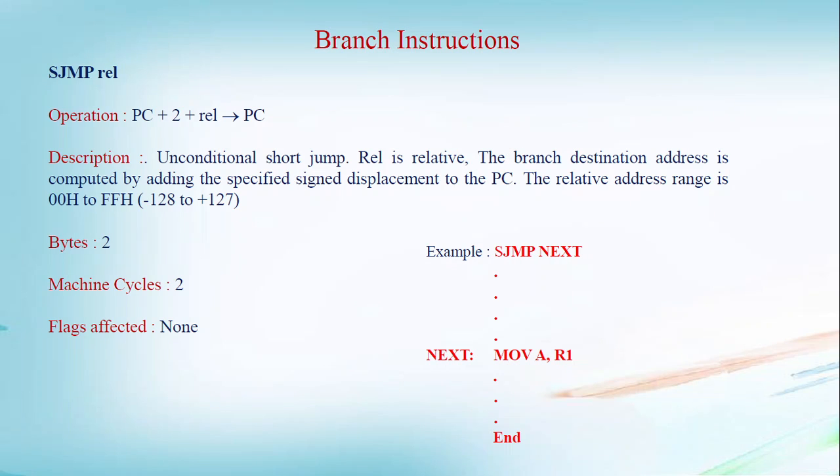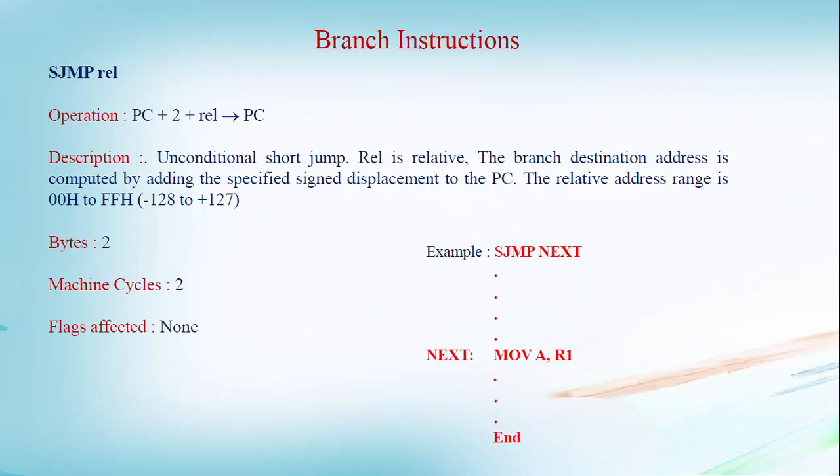Then let us see SJMP REL. It means short jump. The branch destination address is computed by adding the specified signed displacement to the PC. The relative address range for the SJMP instruction is 00H to FFH, which in decimal means -128 to +127.